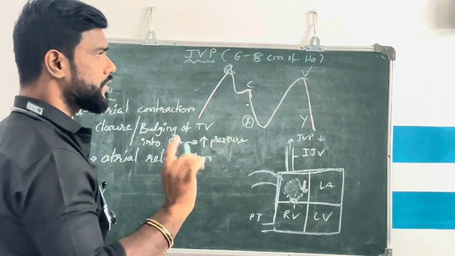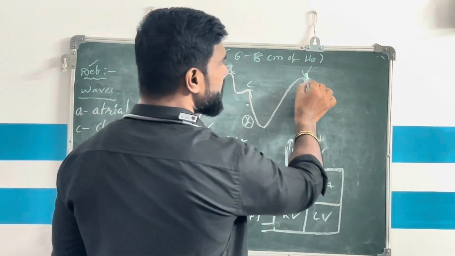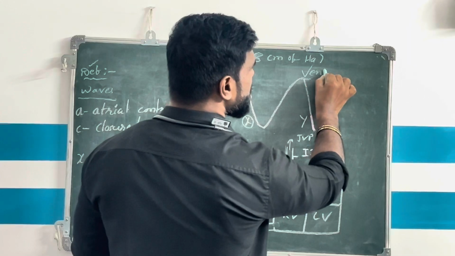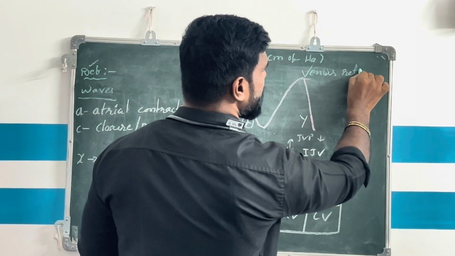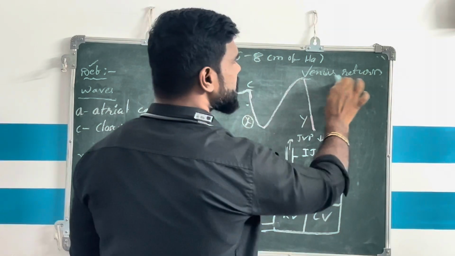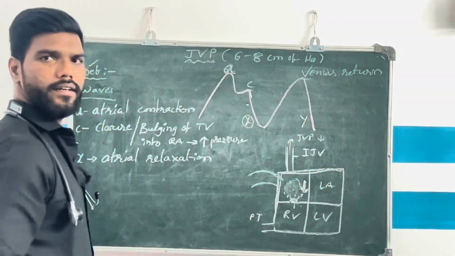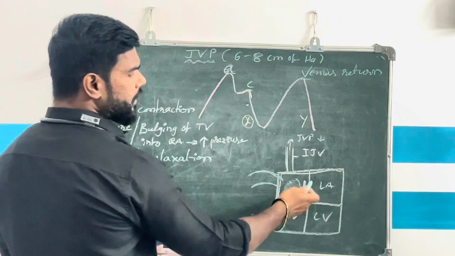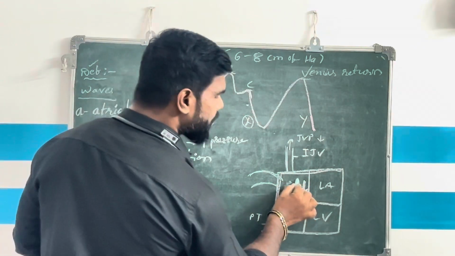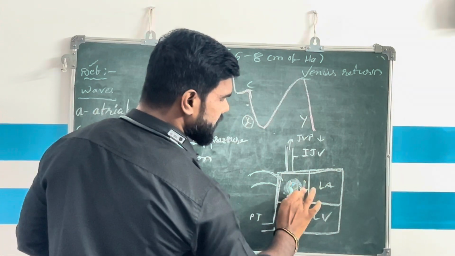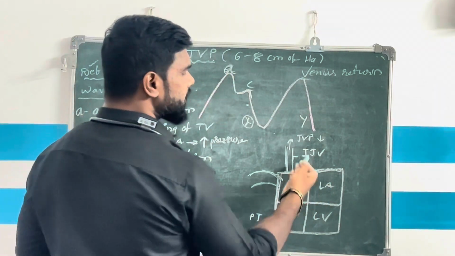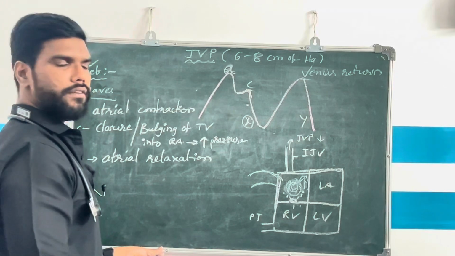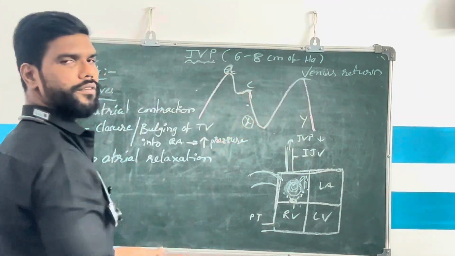V wave, nothing but you just remember like this: V means venous return to the atria. When there is venous return to the atria, the pressure in the right atria is again increased. Automatically it increases the pressure in the internal jugular vein, and again produces the V wave.